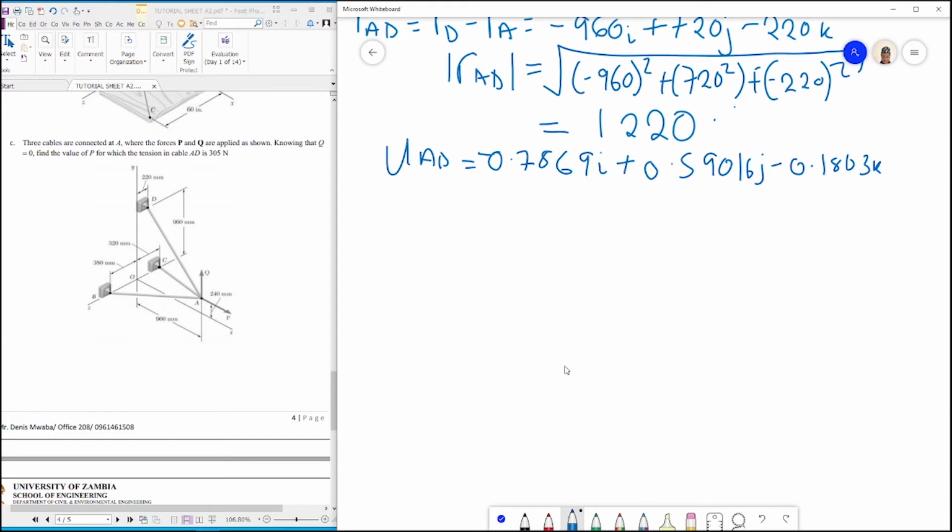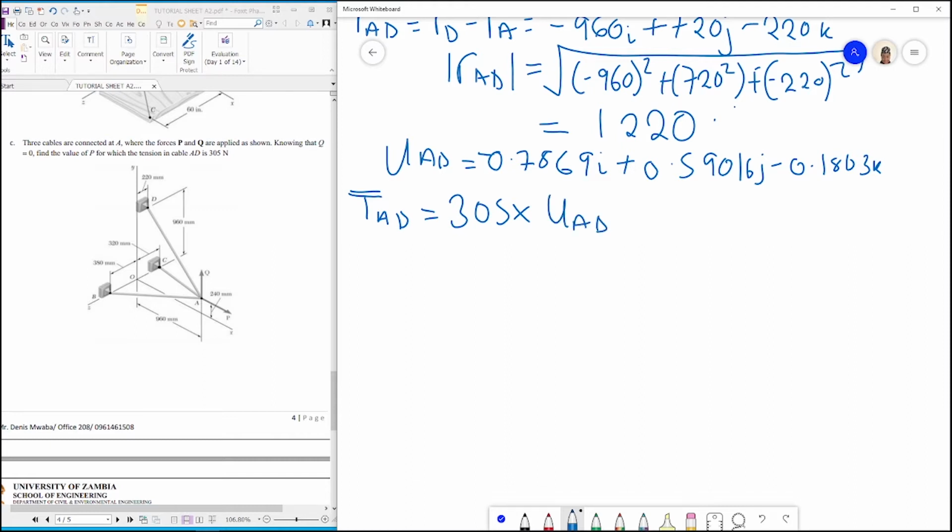So then to get our TAD, we'll just multiply the magnitude of 305 by the UAD.